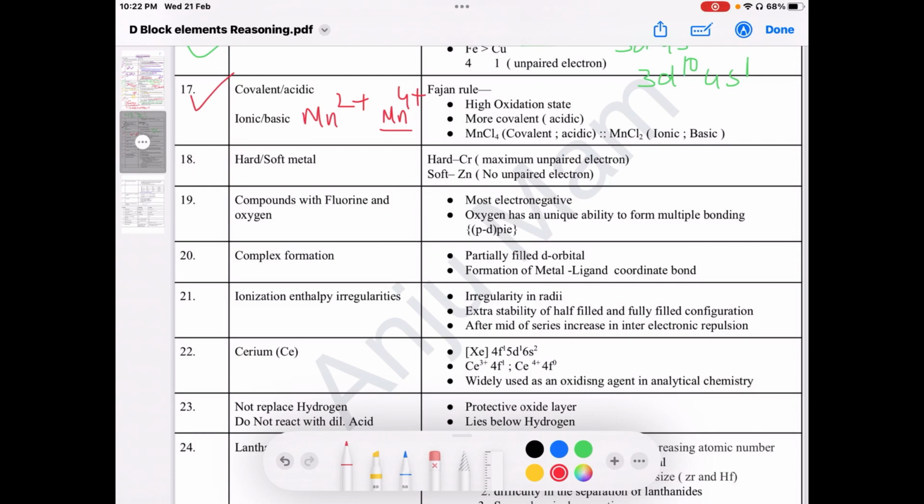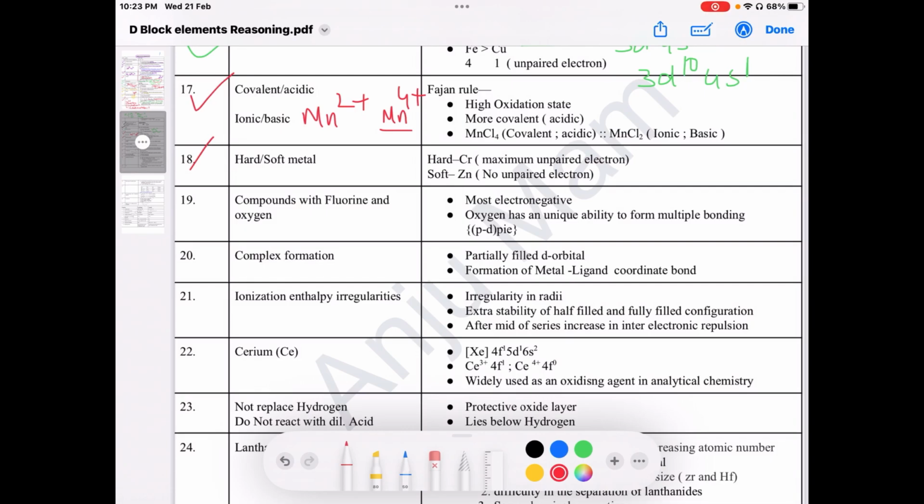If you compare MnCl2 and MnCl4, MnCl4 is covalent and acidic because its oxidation state is higher and it has more vacant orbitals, whereas in MnCl2 the oxidation state is lower, so it is ionic and basic.